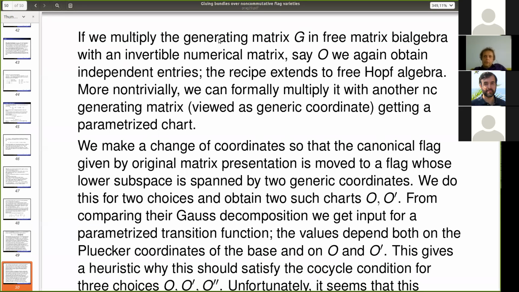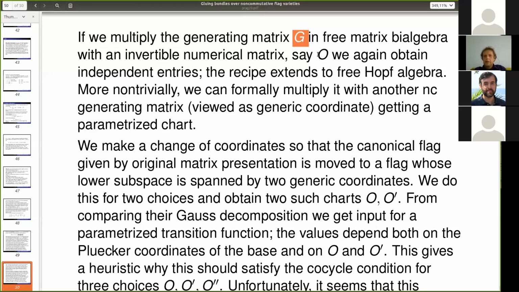But I would like to shift them by, instead of taking the generating matrix G, I multiply this G by another generic matrix. If I do it by an invertible numerical matrix, everything is the same, nothing changes. But I want a generic matrix so that the coordinates which enter via this generic matrix would again be data from the same algebra, so that all the identities will be from the same algebra.